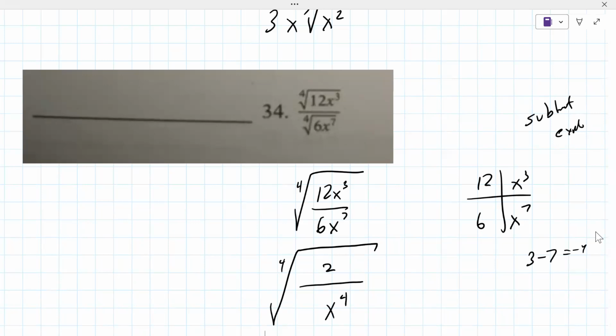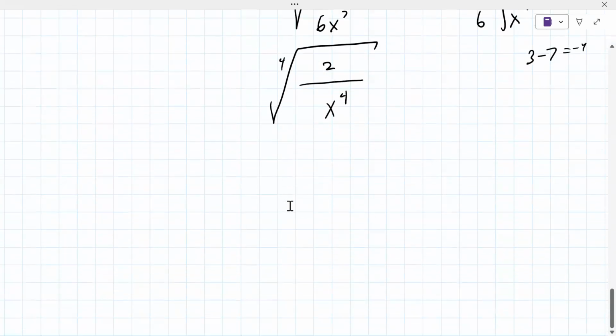But wait, there's more. All right, the last thing here is you now take the fourth root of the top and then the fourth root of the bottom.